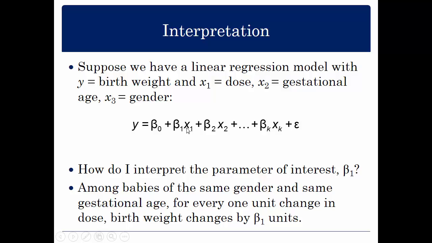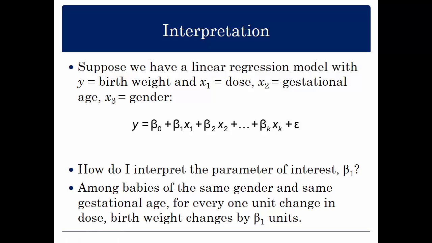Here's a quick example to facilitate discussion about interpretation of these. Suppose we have a linear regression model where Y is the birth weight of a baby, X1 is the dose of a particular type of drug or supplement, X2 is gestational age, because we know that gestational age has an impact on birth weight, and X3 is gender.